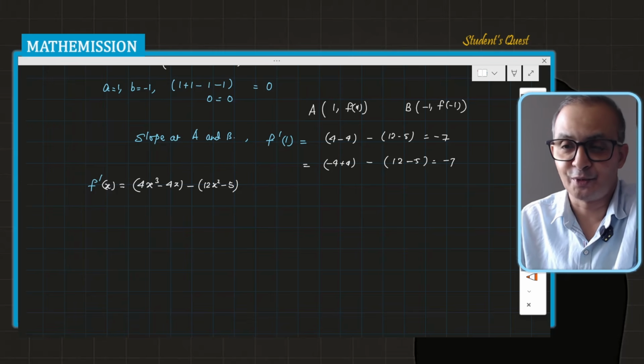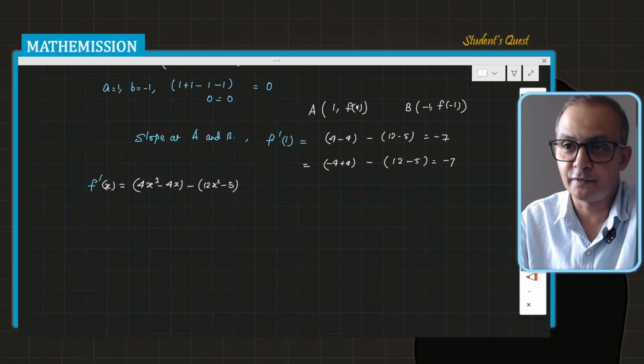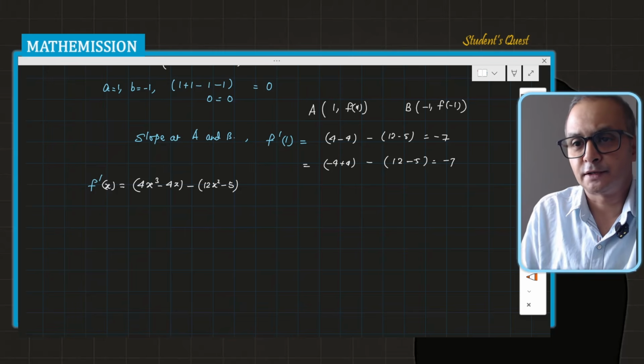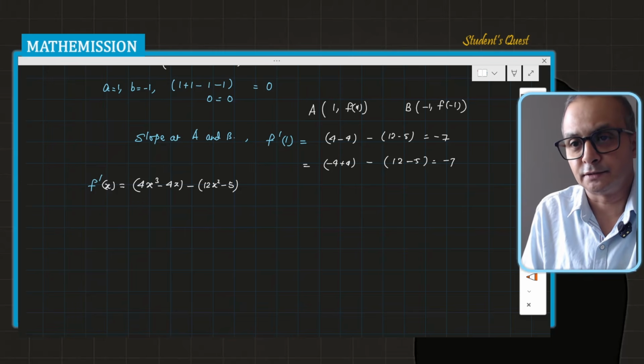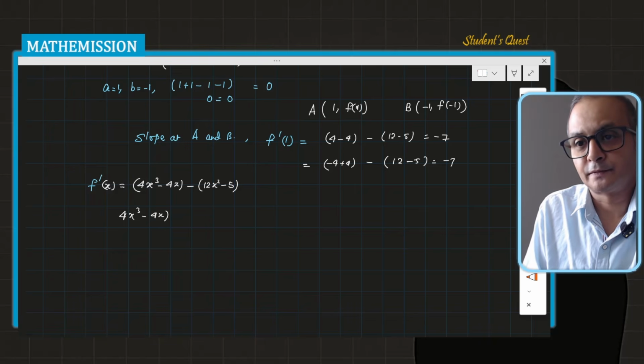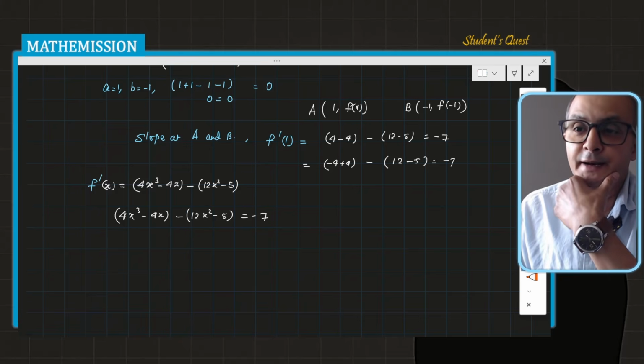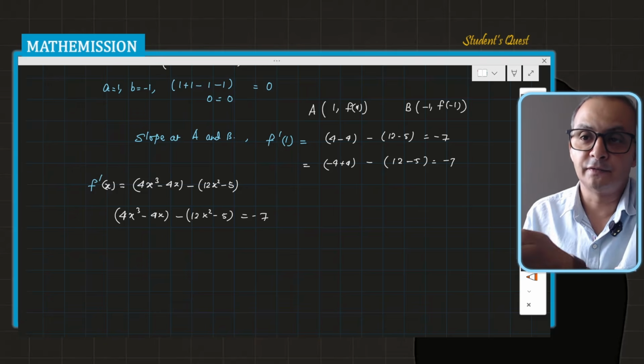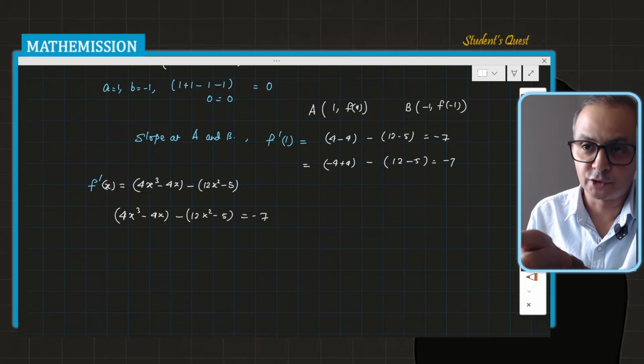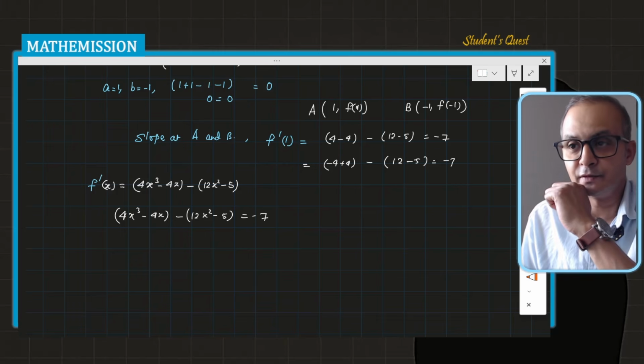But is it also possible to get the same value at 3 distinct points? Let's see. Suppose I substitute 4x cubed minus 4x minus 12x squared minus 5 equal to minus 7, hoping that I will get some other values of x at which the slope will give you the value minus 7.